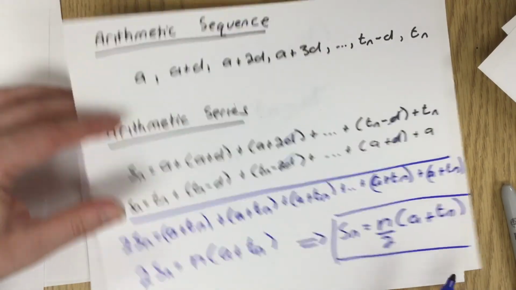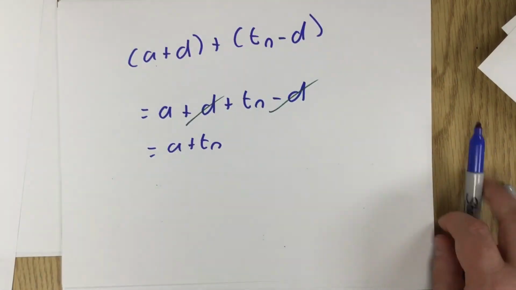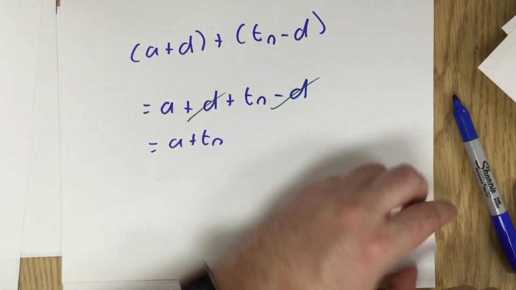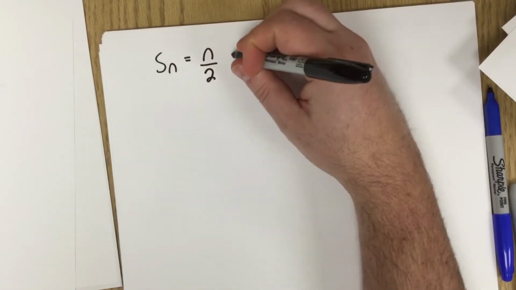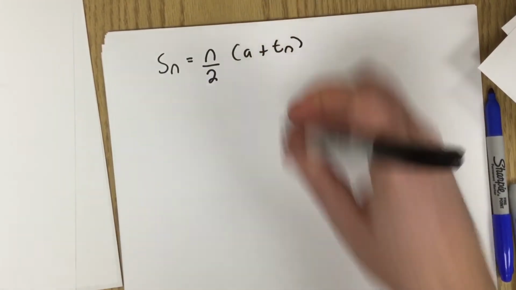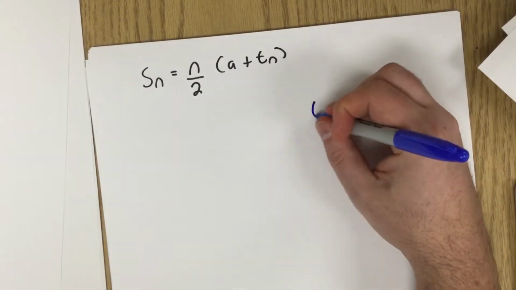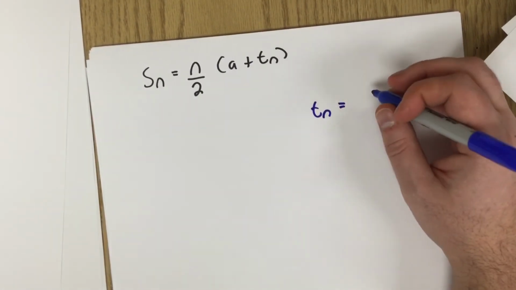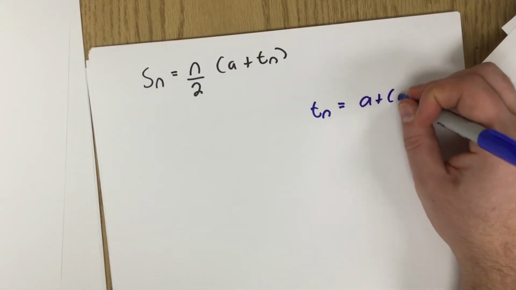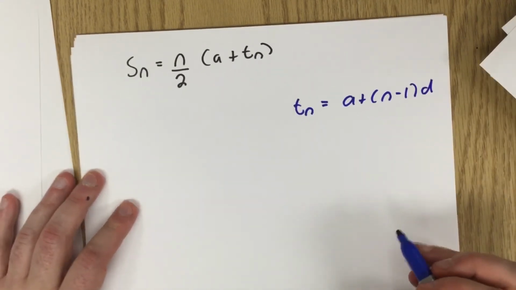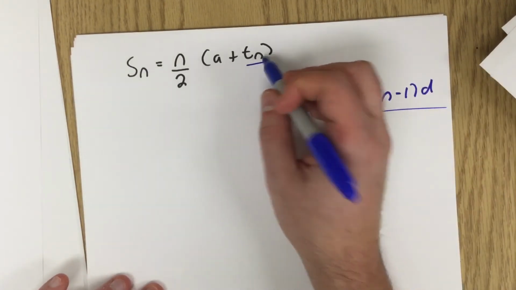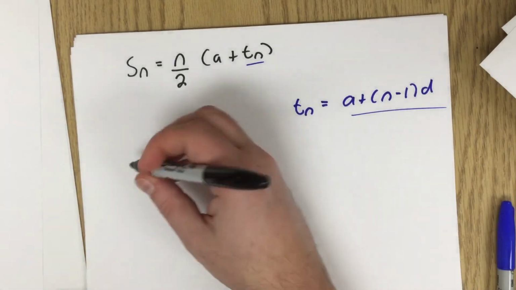Now we're going to play around with that a little bit. We know that Sn equals n over 2 times (a plus Tn). But the nth term is equal to a plus (n minus 1)d, and we know this from arithmetic sequences. So we can sub this in for Tn.